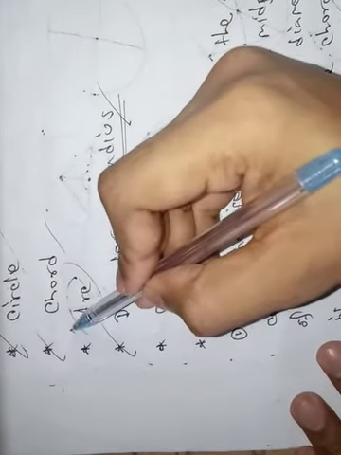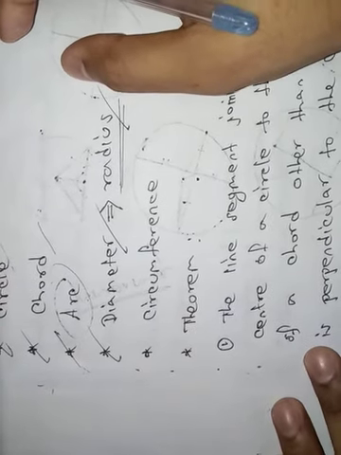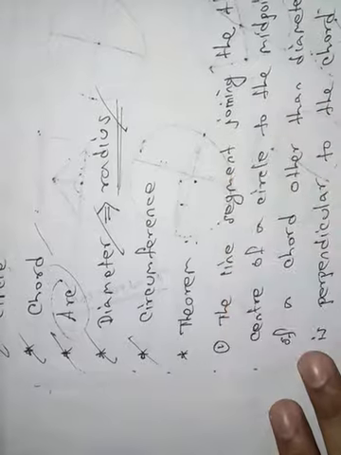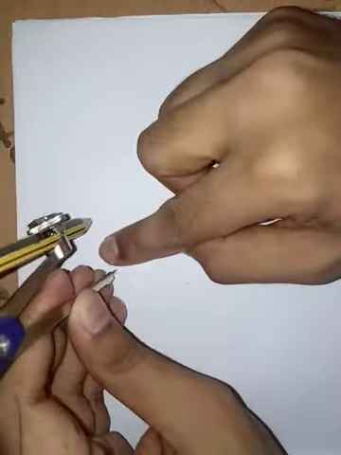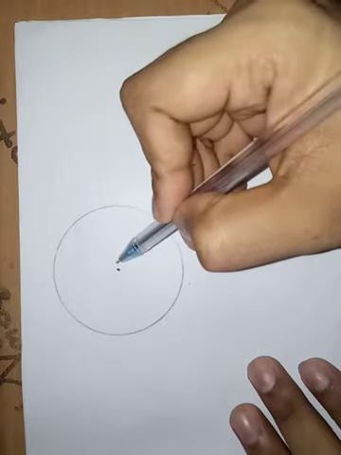Well, we have seen what is arc. Now we will discover what is circumference. What is circumference? Let me draw another circle. Well, this is our fixed point.